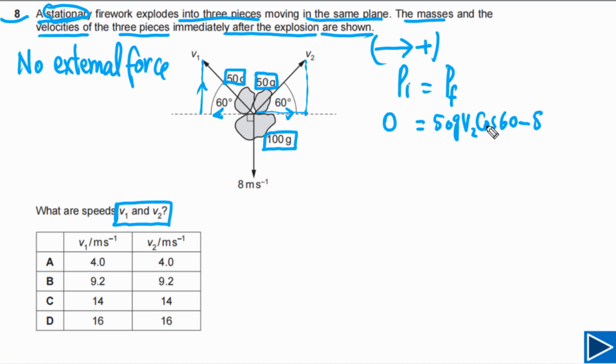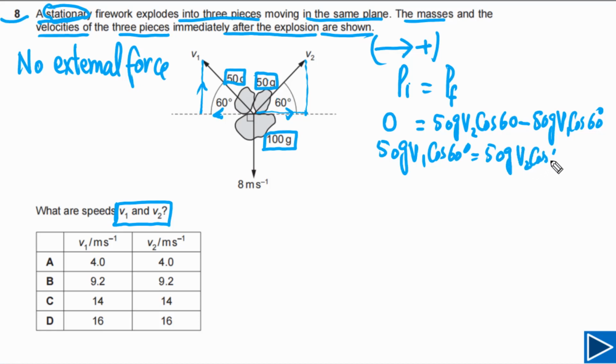So the momentum of piece 1 is 50 gram V1 cosine of 60 degrees. From here we can say 50 gram V1 cosine 60 degrees is equal to 50 gram V2 cosine 60 degrees.